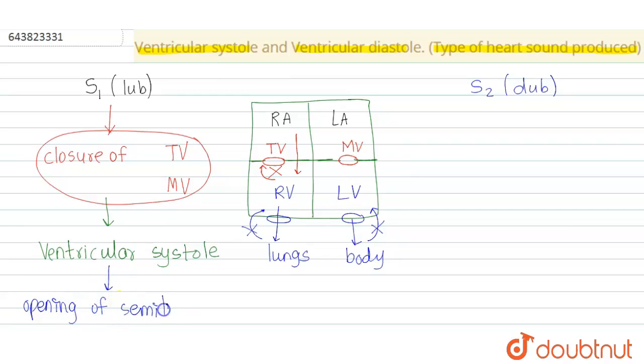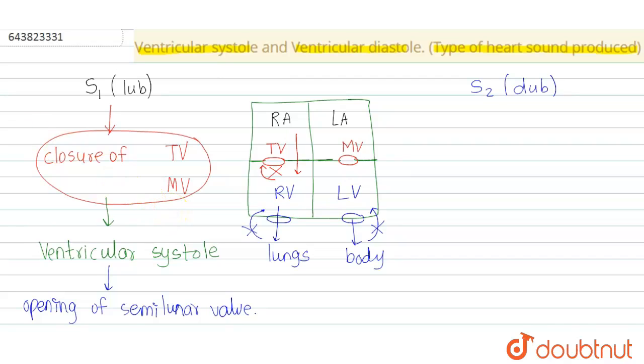Now you have to remember that whenever a valve opens, there is no sound. There is a sound only when a valve closes. So during ventricular systole, we hear only one sound, and that is S1. There is no sound produced by the opening of the semilunar valve.